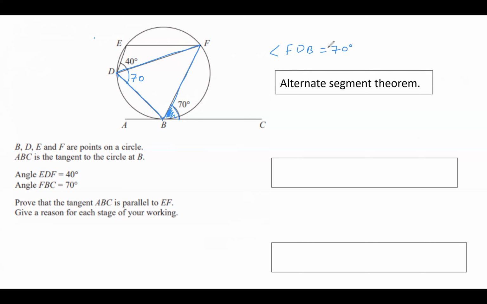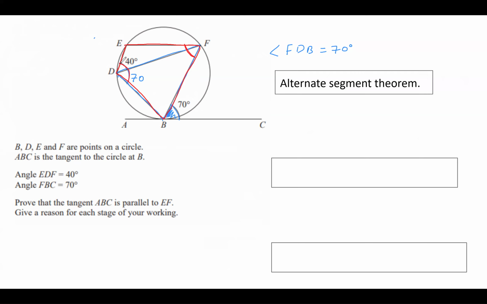Okay, now what can I do next? Well, if we think about this problem, we have a cyclic quadrilateral. So over here, this is my cyclic quadrilateral. So I can work out this whole angle over here because opposite angles in a cyclic quadrilateral add up to 180 degrees.